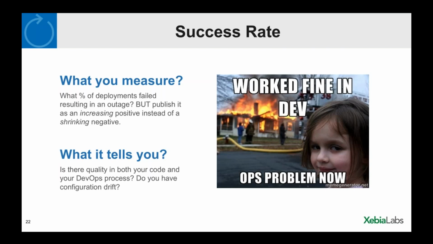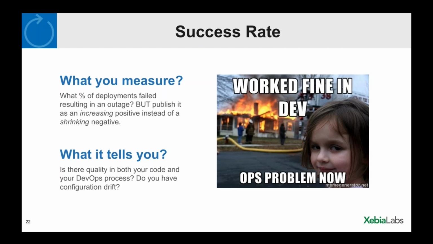But really, it's important to get your releases and changes into production, and if they result in an outage, it's important for you to know that happened, because that's going to tell you whether there's quality in both your code and your process. Most specifically, what we see when we talk to organizations about DevOps transformation is that if you're finding a lot of failed deployments, it probably suggests that you have a problem with configuration drift.